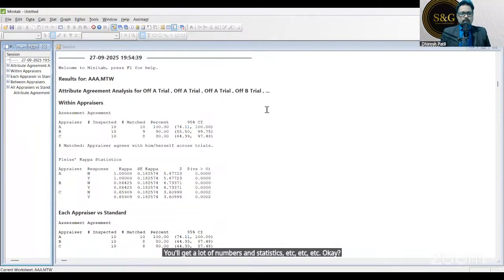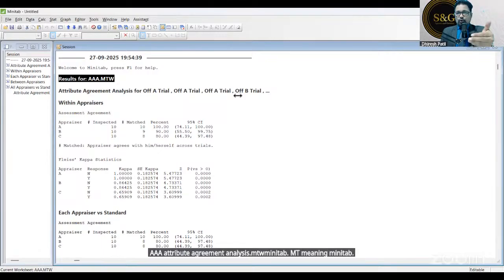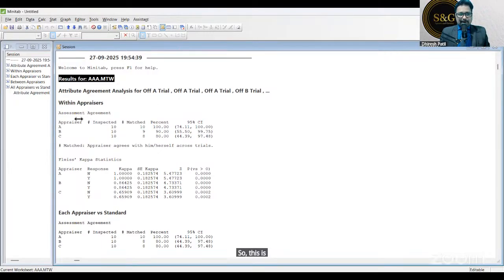Okay. If we observe very closely, this is the result of AAA attribute agreement analysis .mtw, Minitab, MT meaning Minitab, W meaning worksheet. It's a Minitab worksheet. Okay. So this is the within appraiser.